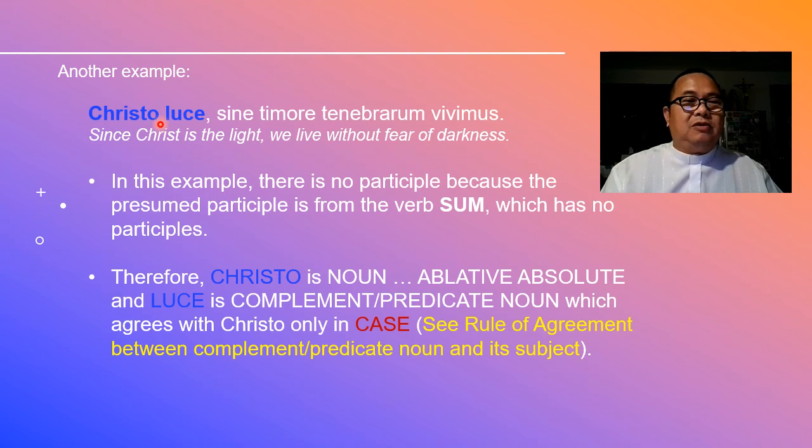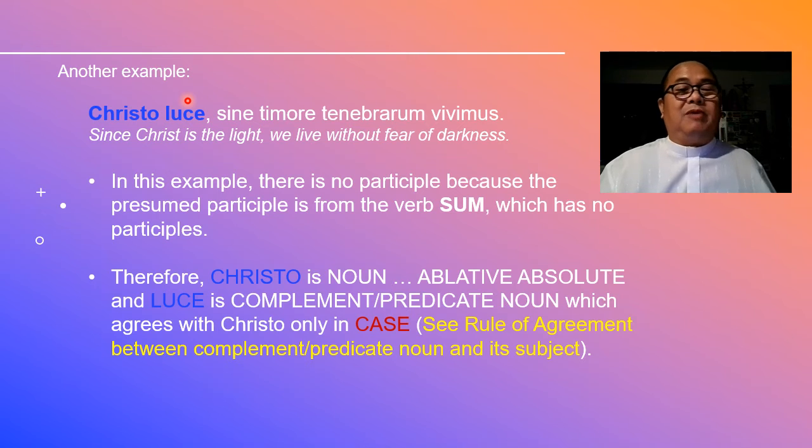So the solution to this is the presumed participle, the verb to be. This construction, Christo luce, is just like a subject, verb to be, and then complement or predicate noun.